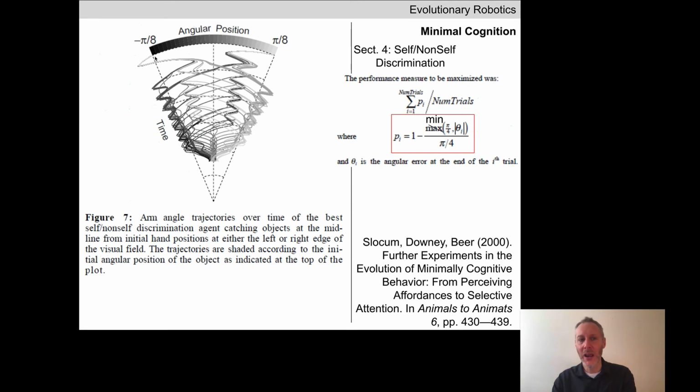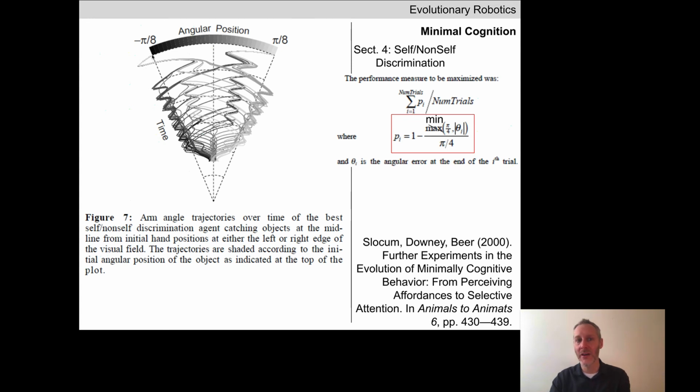What I neglected to mention is you'll notice that the horizontal position of these trajectories is changing over time. As the object is falling, the horizontal position of the trajectory is changing. What is that telling us? That's telling us the position of the arm.